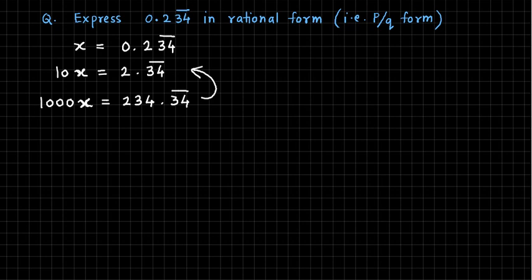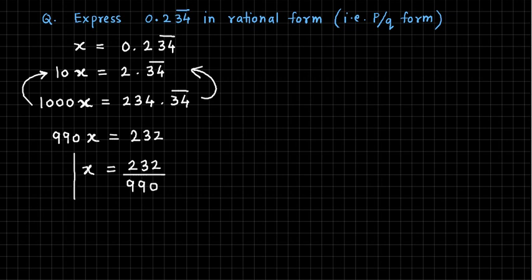So second minus first, we get 1000 minus 10, which is 990x, equal to, on the right hand side, the decimal part gets cancelled, and 234 minus 2 gives us 232. So finally x can be written as 232 divided by 990.